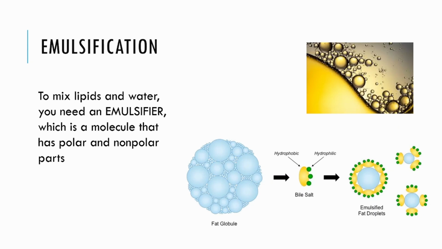The reason why they're so good at that is because they have parts that are polar and parts that are nonpolar. So here we have this big bubble of fat, and we want to break this down into smaller droplets so that we can use it within the body. The bile salts have a yellow portion here that's hydrophobic and a green portion here that is hydrophilic.